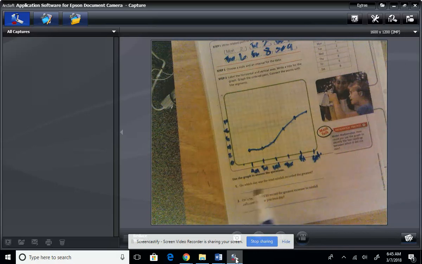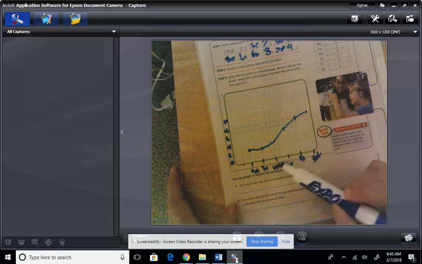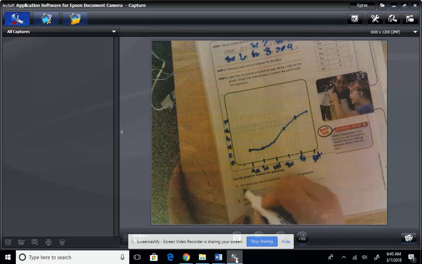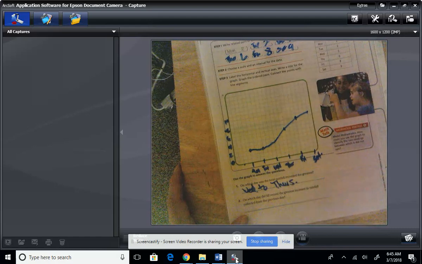Okay, on which day was the total rainfall the greatest? So where do we have the biggest incline? From Wednesday to Thursday. So Thursday is our biggest incline.